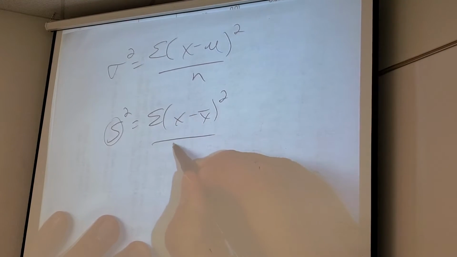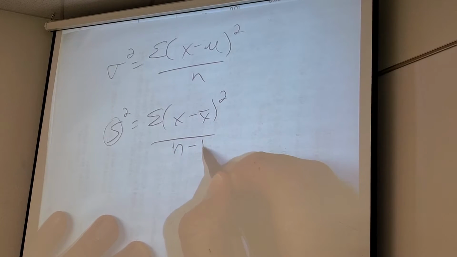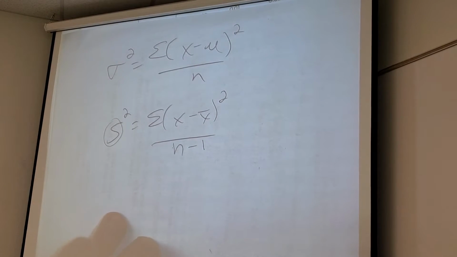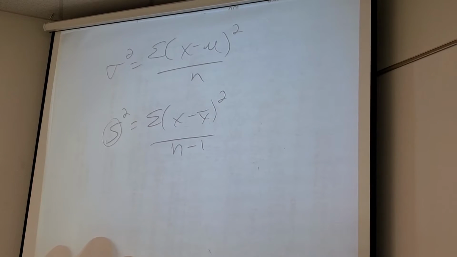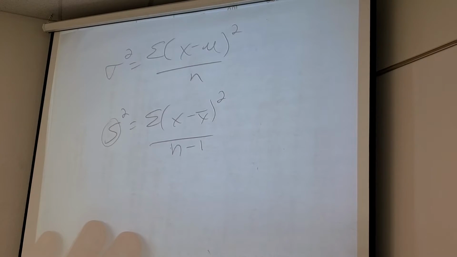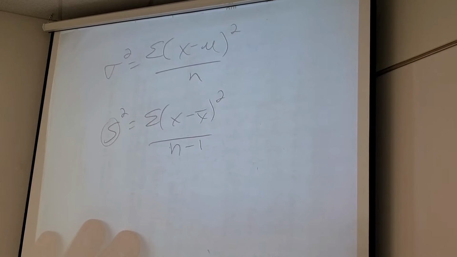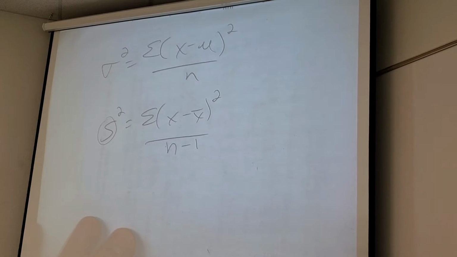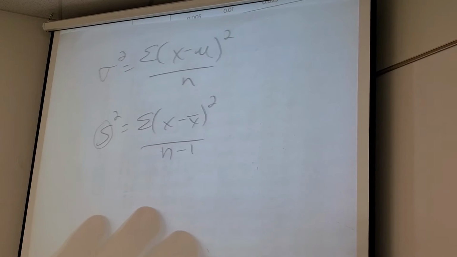Not n. N minus 1. And at the time I said that was just an adjustment. And this is not false. It is an adjustment for it just being a sample. But now I can show you why it is called degrees of freedom.